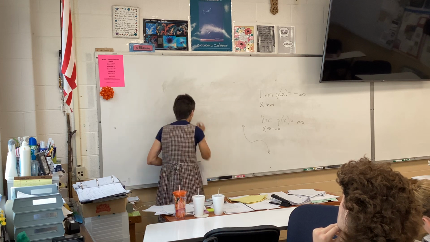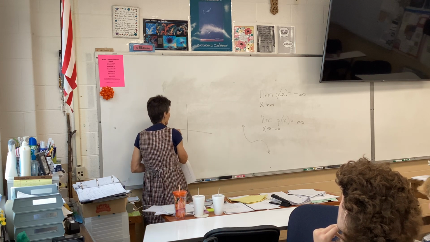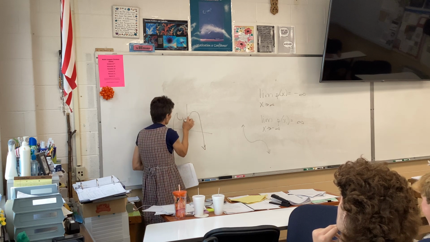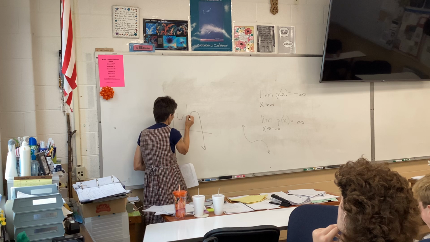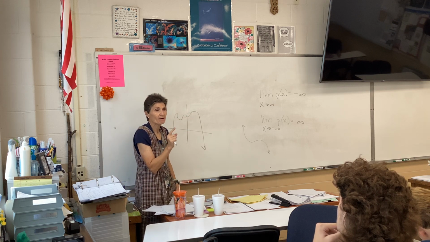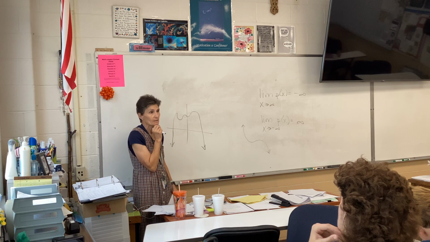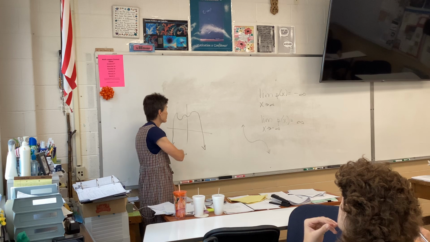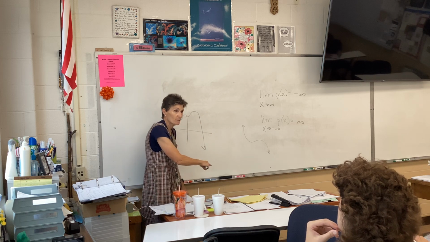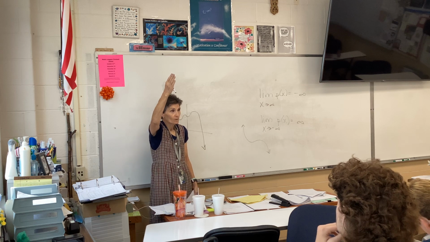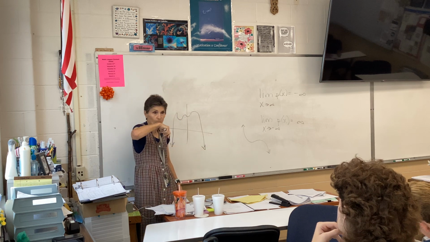But if it starts down, does whatever it does, and ends down, what does it absolutely have to have? It has to have a global max, because if it has to go up and turn around and come down, doesn't it have to have a highest point in there somewhere? We don't know where it is, but it has to have a global max.